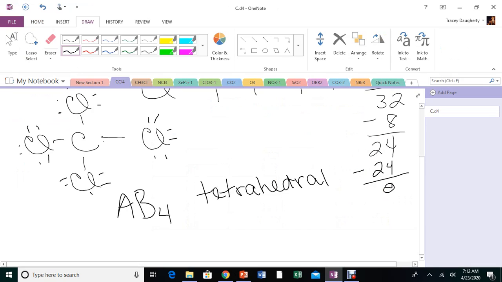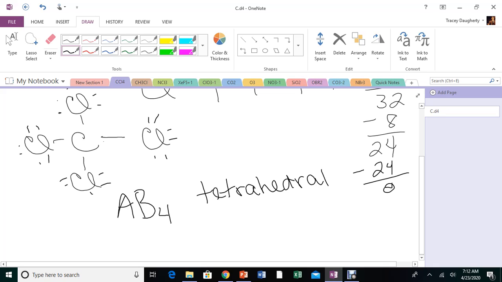So let's look at a few examples. And again, we're going to use the Lewis structure that we have and determine the hybridization here.